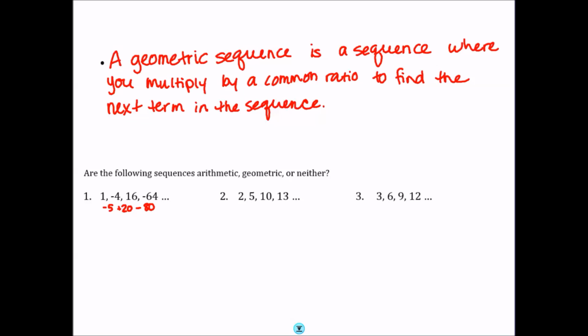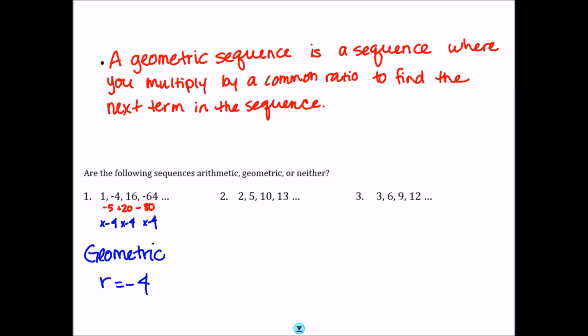If we're thinking about it as possibly a geometric sequence, 1 times -4 would give us -4, so we're multiplying by -4. If we multiply by -4 again, that gives us 16. And multiply by -4 again gives us 64. So this is a geometric sequence. And for this, r, which is the common ratio, would be -4.